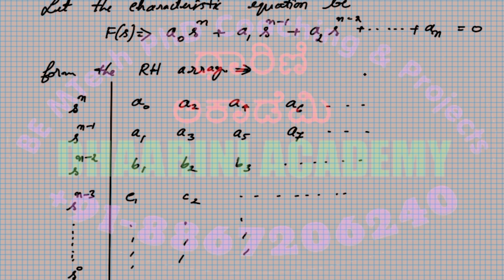For the calculation of any value, such as B1, you will use the first two column values above it, and the column value corresponding to the next column of where you are finding B1. B1 is in the first column, so I should use A1, A2, A0, A3 divided by A1.